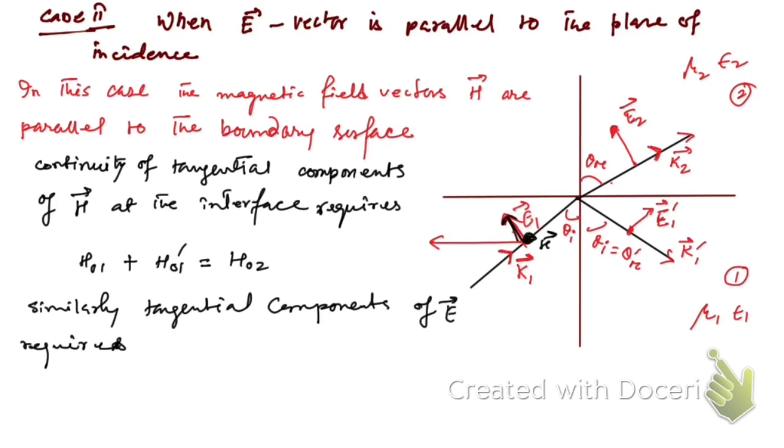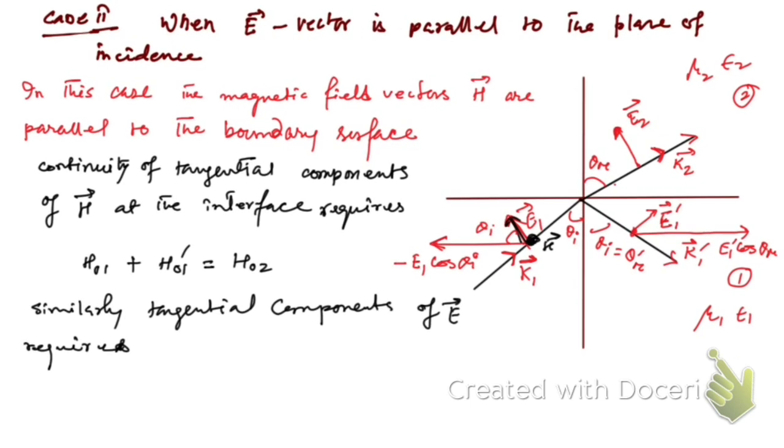This component is in the negative direction, minus E1 cos theta I, and similarly here the tangential component is E1 dash cos theta r dash, which can be replaced by theta I, right?